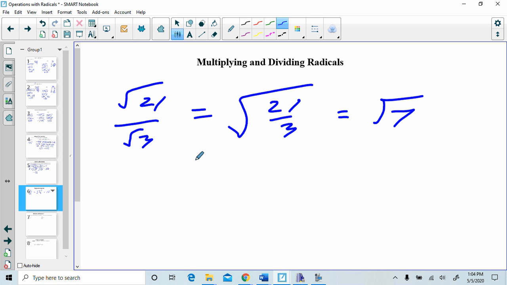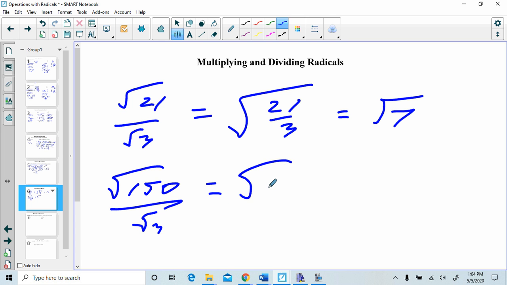Let's take another look at a different one. Let's do square root of 150 over the square root of 3. Okay, so from here, you can go ahead and skip that step of putting it under the whole root and just go 150 divided by 3, which is still the square root, but now it's just 50.